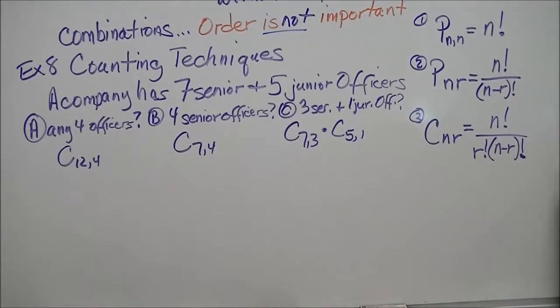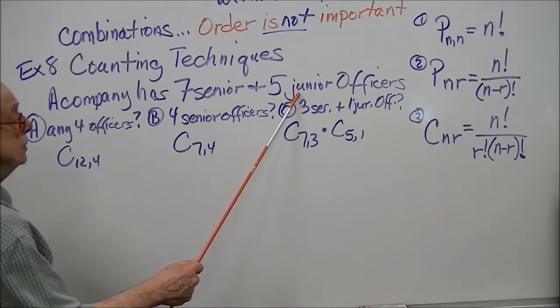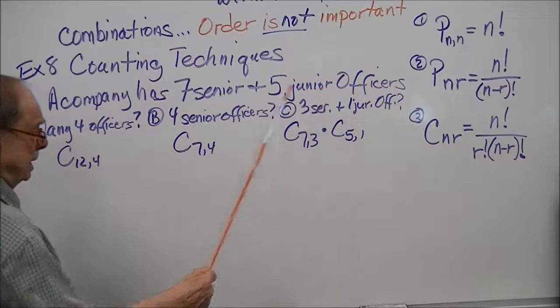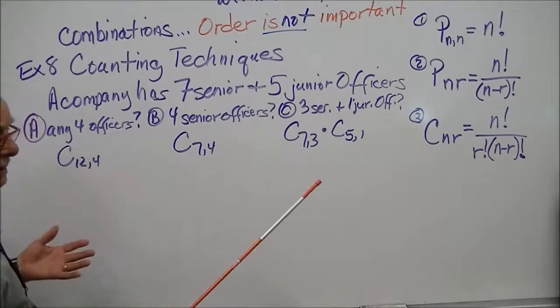All right, we're going to continue with example 8 on page 364. And for example 8, there are 5 parts to it. All of them involve counting techniques where a company has 7 senior officers and 5 junior officers in their selection.